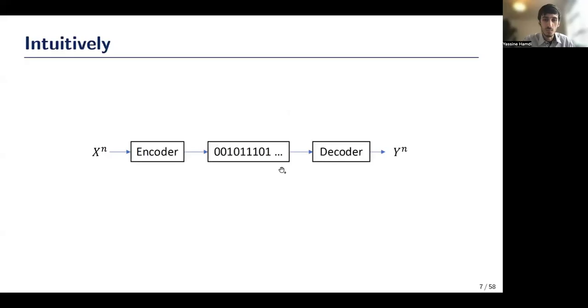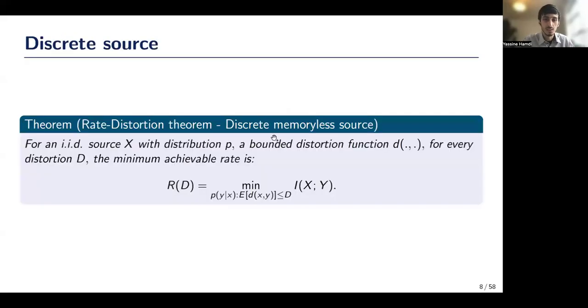So there is a theorem that says that the minimum number of bits to reach distortion D, to satisfy the constraint with a value D, is expressed as this minimum. And notice that this is what I said about limit distributions: there are no sequences here.